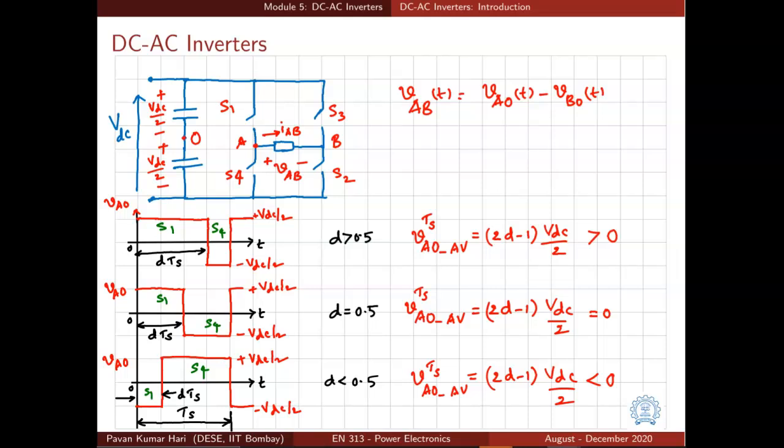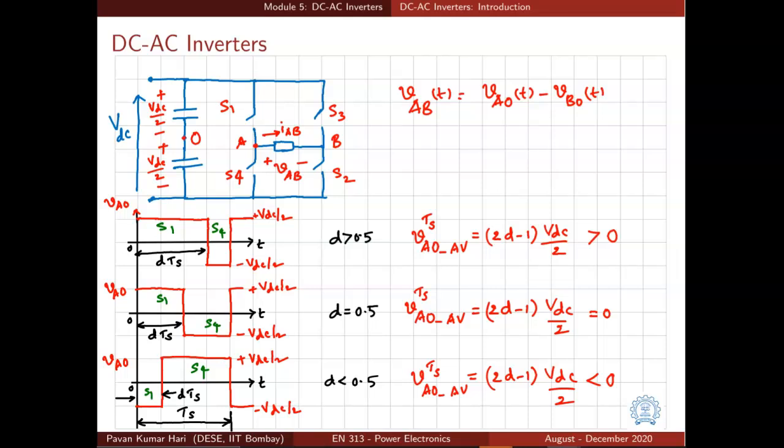We have shown three different cases of d here: d equal to 0.5, d greater than 0.5, and d less than 0.5. When the duty cycle is equal to 0.5, what does it mean? When switches S1 and S4 are turned on for equal intervals in a small interval Ts, our average value of VAO will be 0.